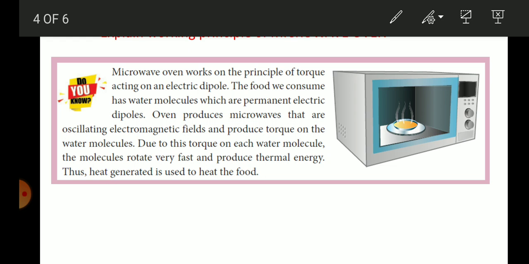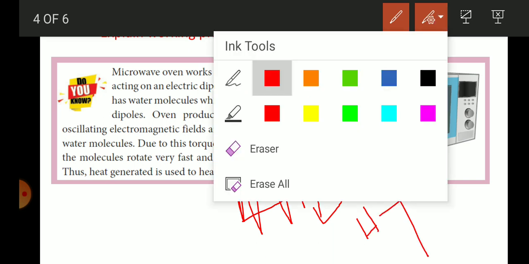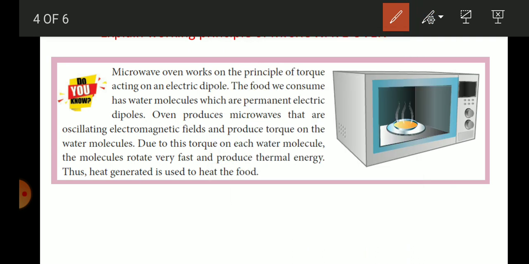So torque in the sense what? They start oscillating like this. It goes down and it goes up. So it starts oscillating like this. When it is oscillating, the bond between hydrogen and oxygen will break. When the bonds are broken, heat energy will be produced.